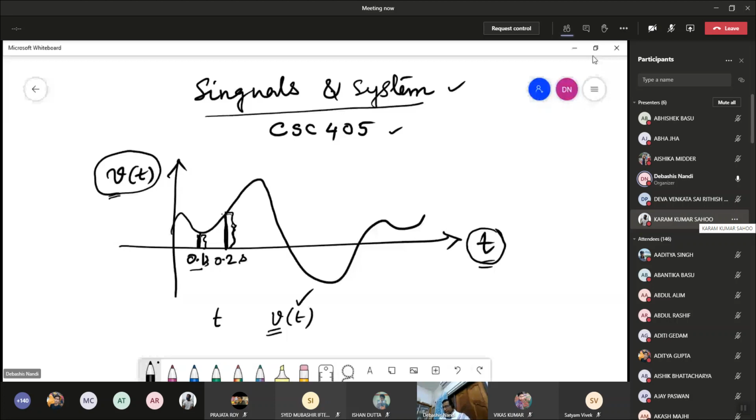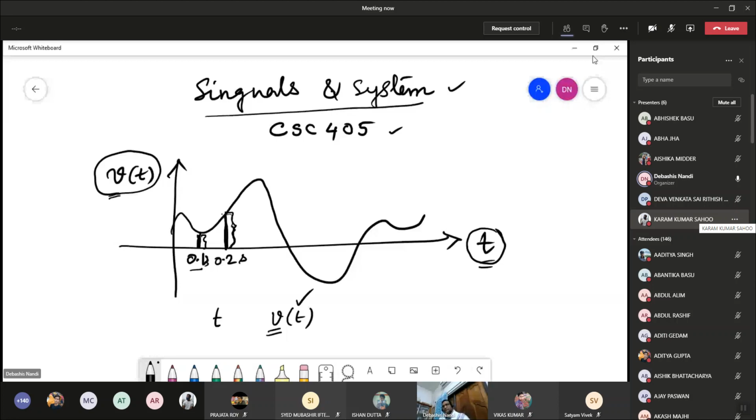Okay. Now, many times, because we are processing the signal in electronic mode, in digital mode, whatever signal is available in nature, if it is not an electrical quantity, then I have to make it an electrical quantity by using some sensor or some transducer.